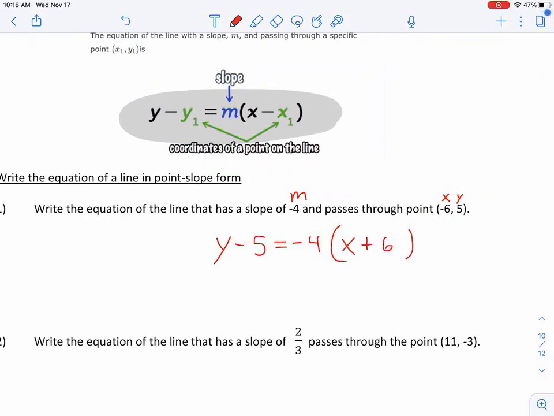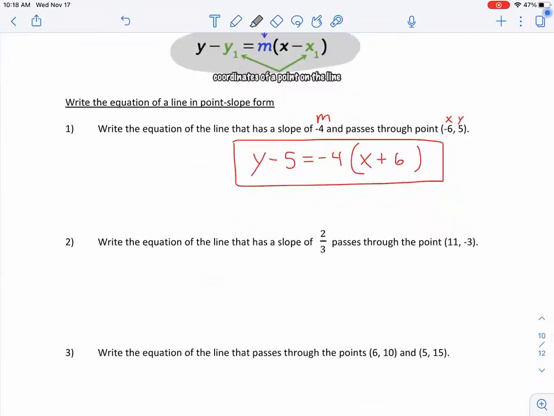That's it, done. Okay, all I did was plug in our point and our slope, and now it's written in point slope form. So we do y minus the y value equals our slope times x minus the x value.